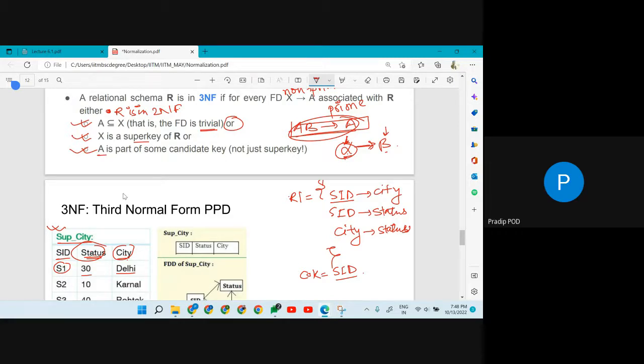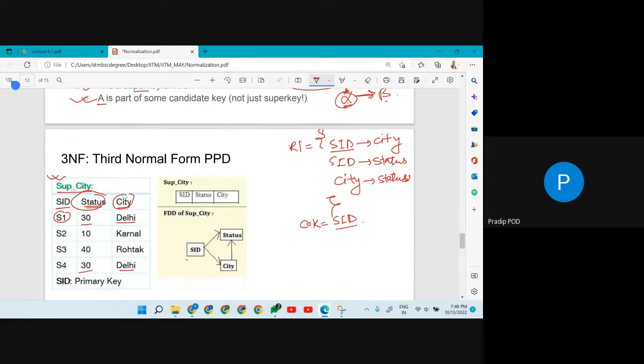If any of these conditions is satisfied, then that functional dependency is in third normal form. SID is the candidate key and also a super key, so this is in third normal form.